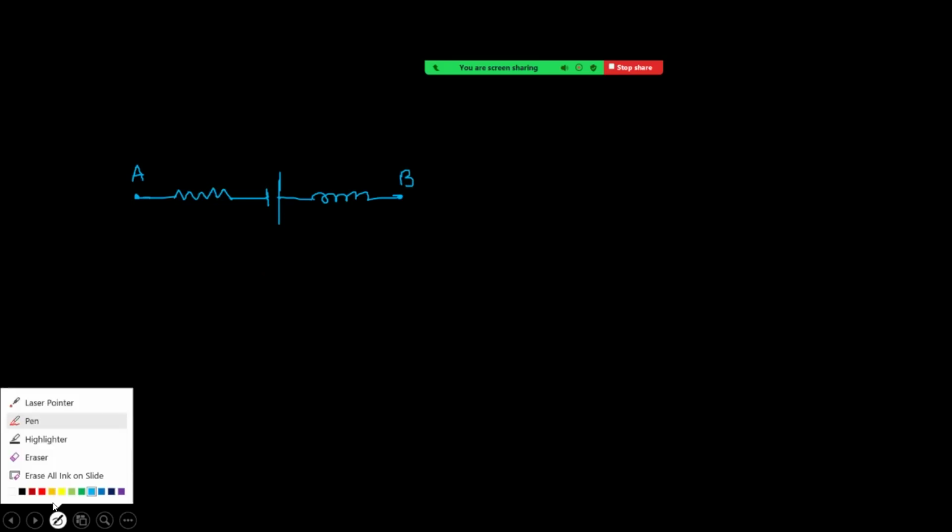Right, first of all, see the given circuit. It has a resistor, a battery, then an inductor. This is A and this is B, and see the current given.